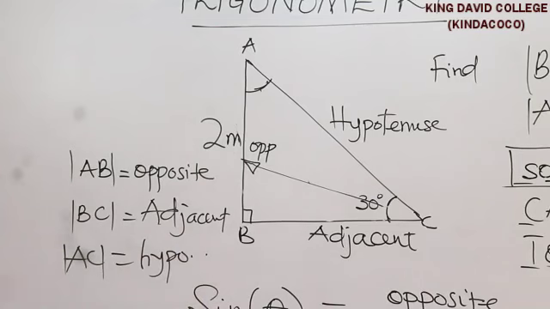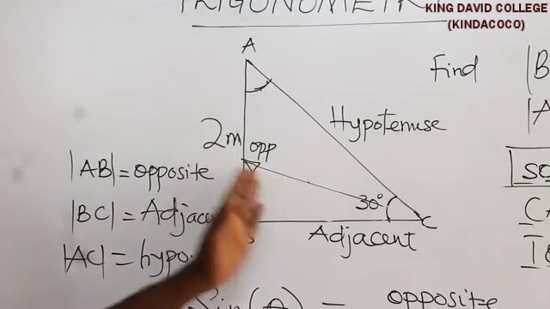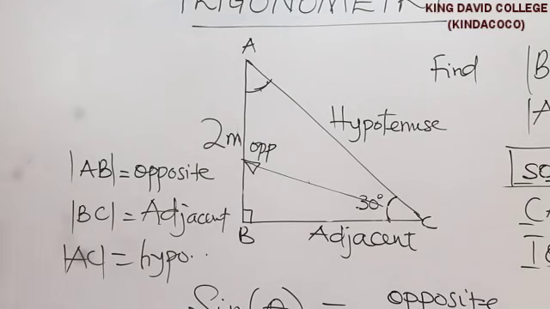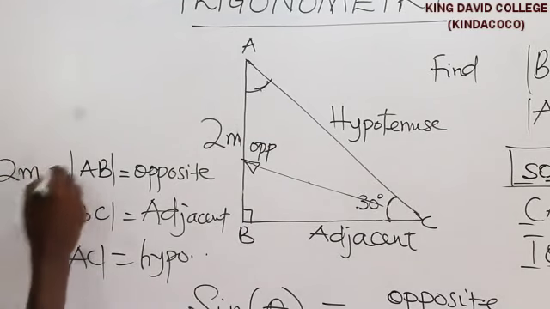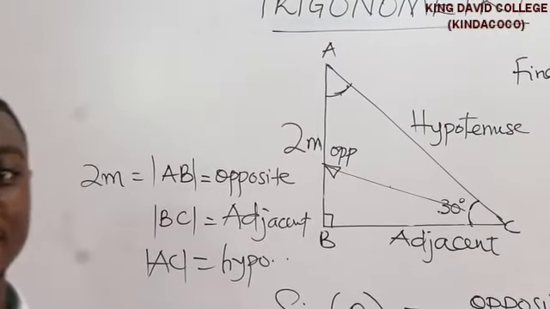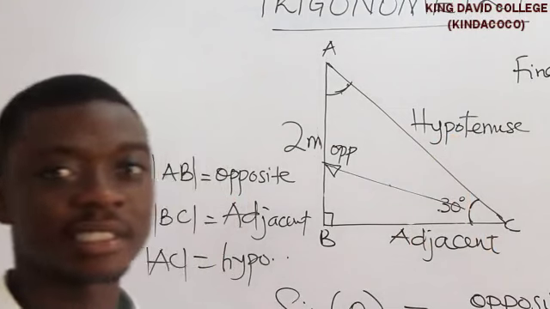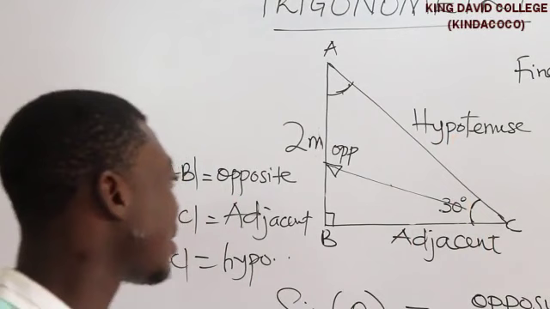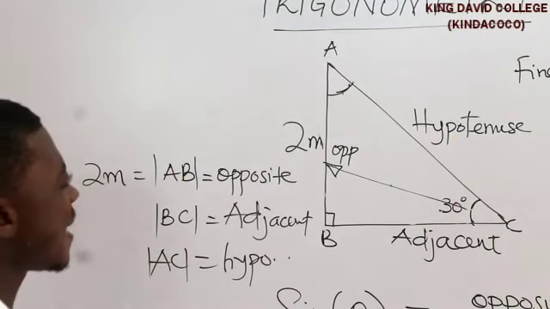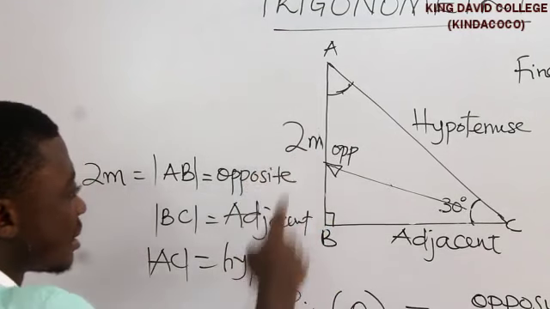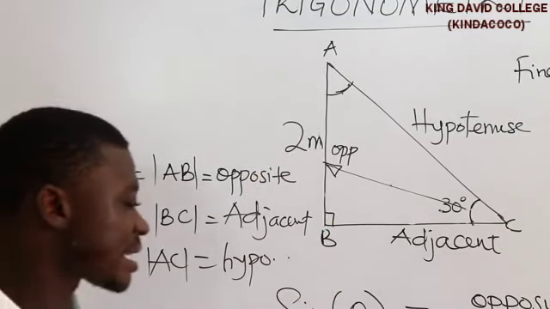Now, which of the sides is known per the question? Here, the opposite is known. We know the opposite to be 2 meters. What of the adjacent? It's not given to us. And the hypotenuse is also not given to us. So the question becomes, if I know only the opposite, can I use cos?